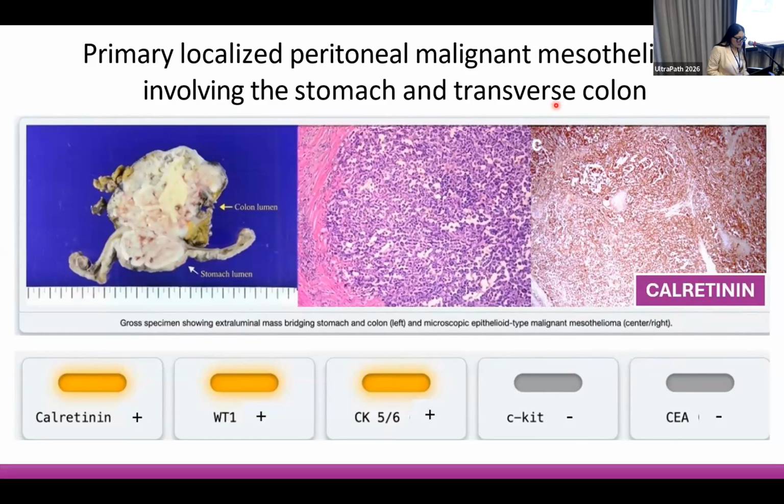The morphology shows an epithelioid neoplasm with a solid growth pattern, and they decided to perform three mesothelial markers. It was positive for calretinin, WT1, and cytokeratins 5 and 6.